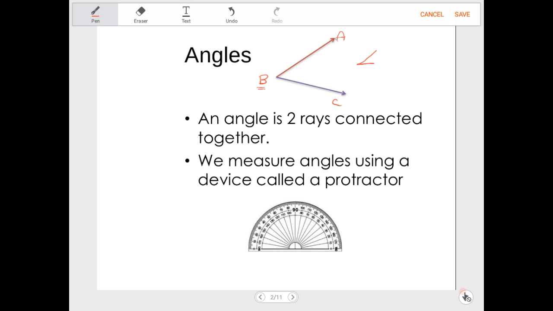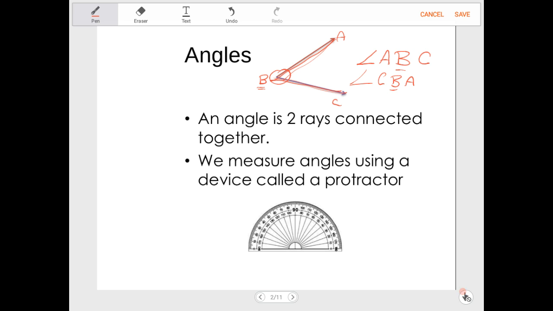The vertex is in between A and C, so the vertex point goes in the middle, and that would be angle ABC. You could also say angle CBA, as long as the B is in the middle. That's your main point here. So that's an angle. An angle is measured in degrees, and that's how you name it.